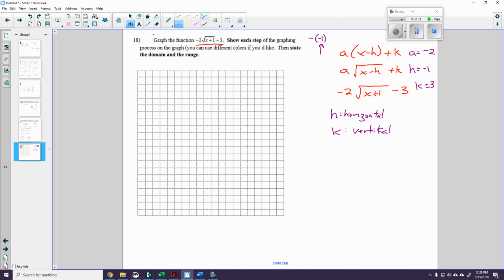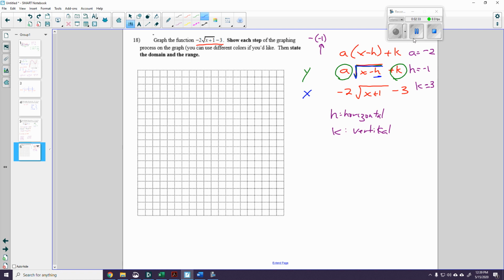And the other thing that I want to remind you is that the a and the k are outside of my function, so they are affecting y values. And my h is inside the function. The h will be affecting x values. So that's a brief summary of what we're going to be doing here.